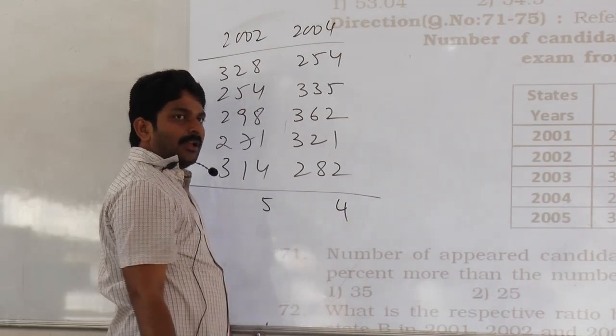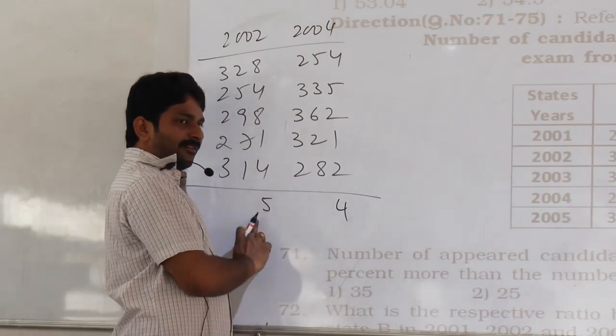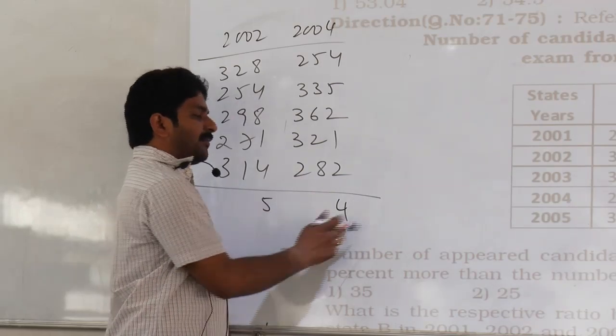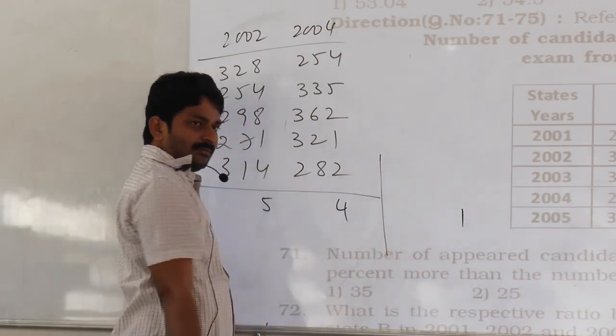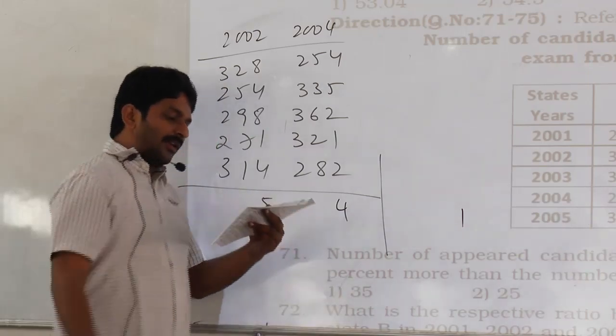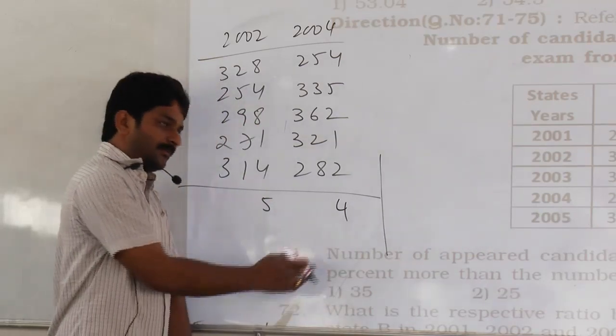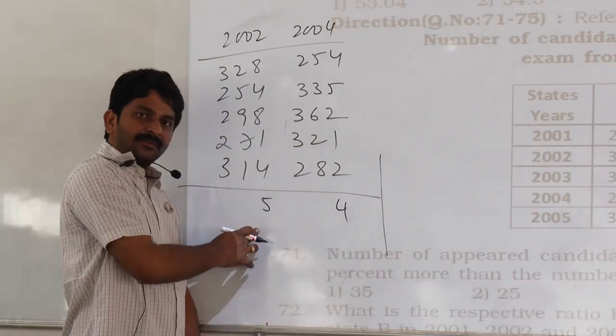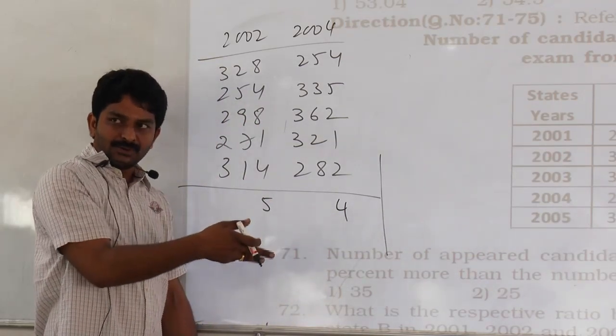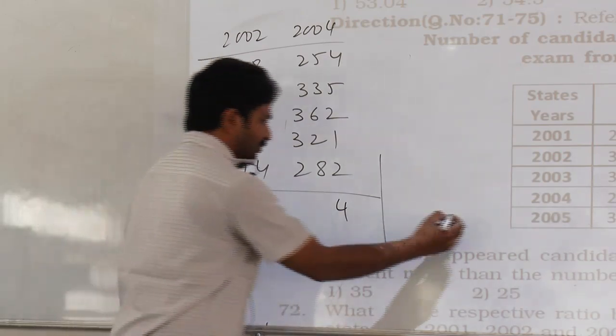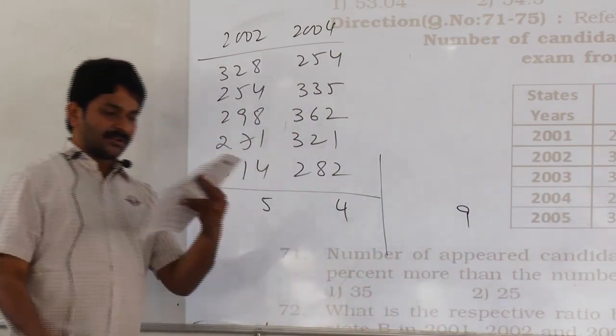Either it can be 4 minus 5 or 5 minus 4. If it is 5 minus 4, the answer should end with 1. Do you have any option which ends with 1? No. So it must be 4 minus 5. You cannot subtract 5 from 4, so it should be 14 minus 5. The answer should end with 9. How many options are there?